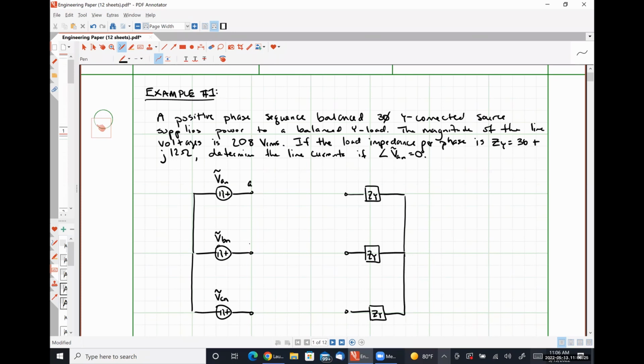Let's label our terminals A, B, C, capital A, capital B, and capital C. And in this particular problem, there is no mention whatsoever of any potential impedance for our transmission line system. So we are just going to assume that it's a short circuit connecting our source to our load.